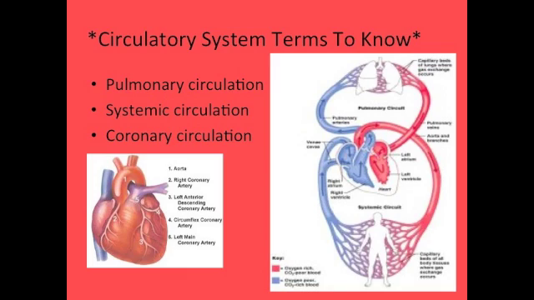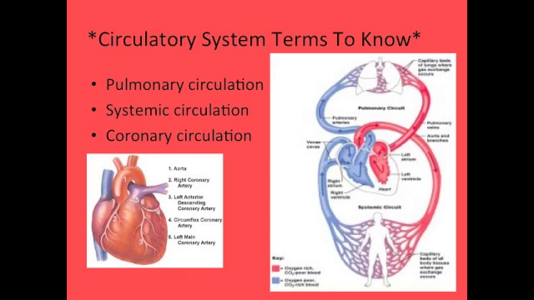The last few circulatory system terms that are useful to know are pulmonary circulation, which is circulation to and from the lungs. So we were talking before about how the heart pumps blood to the lungs to pick up oxygen, and then that blood comes back to the heart. So that circulation is called pulmonary circulation.